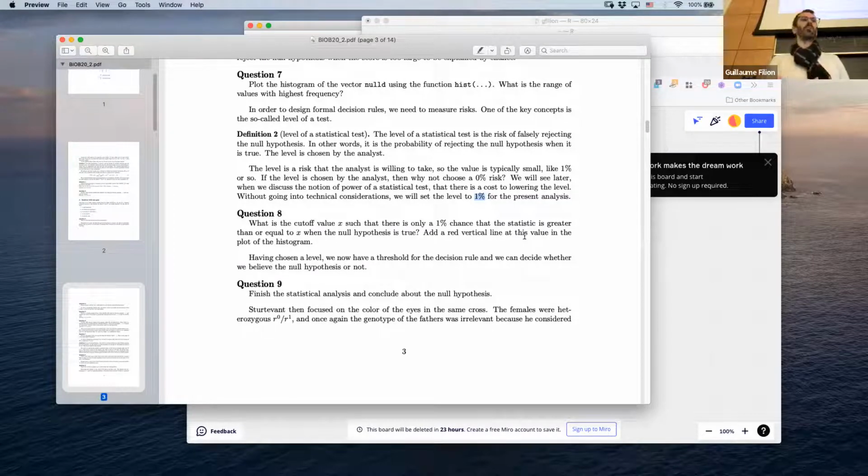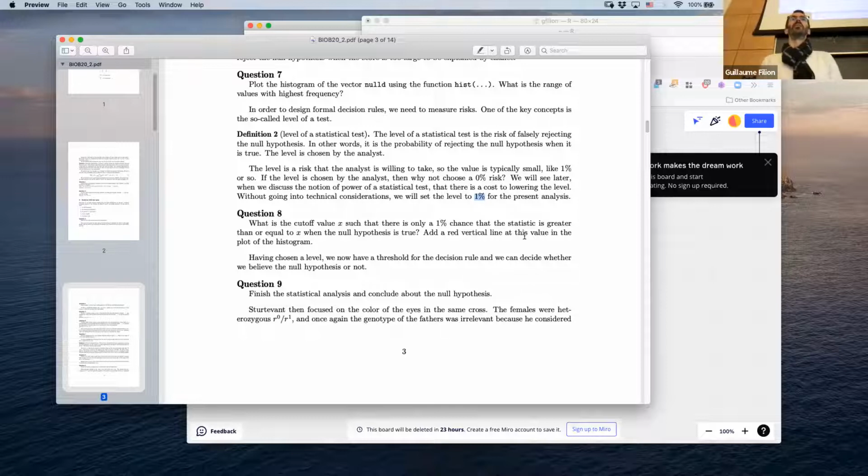Question for you guys. What should be a proper way to choose what is acceptable, if not convention? Any idea? Right. It depends on what we're studying, right?